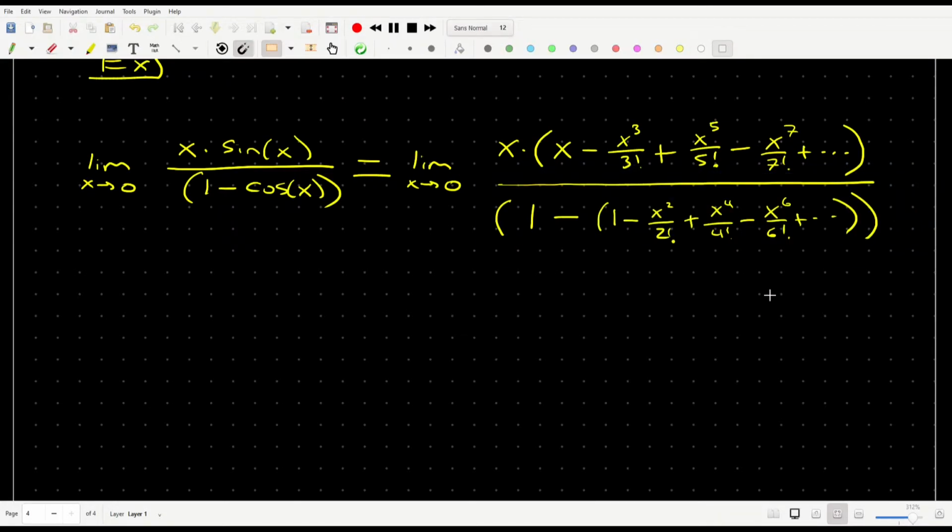And at first you might think, oh, we're kind of overcomplicating things a little bit here, but we're really not. We're getting a very nice result here if we simplify this and then take the limit.